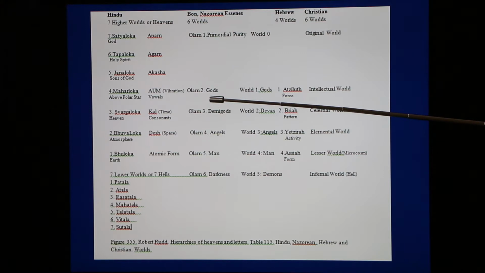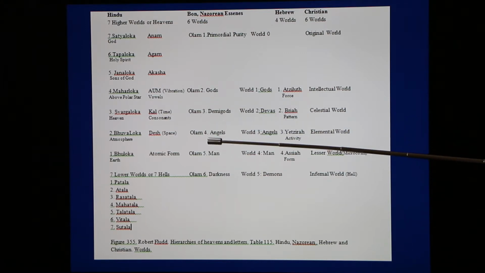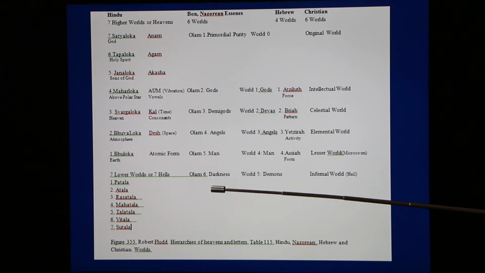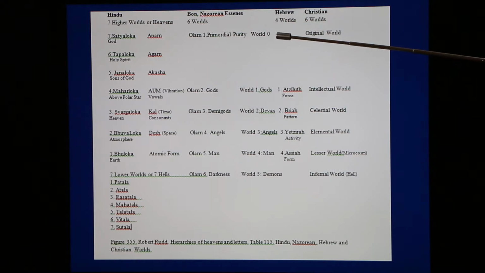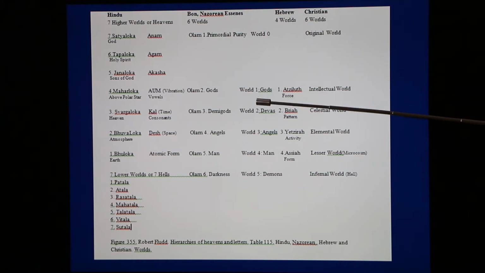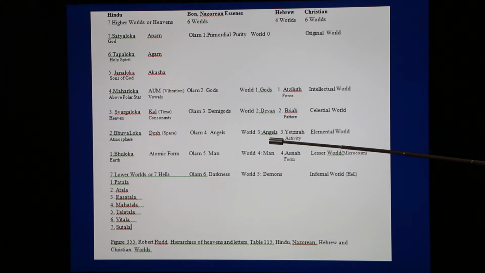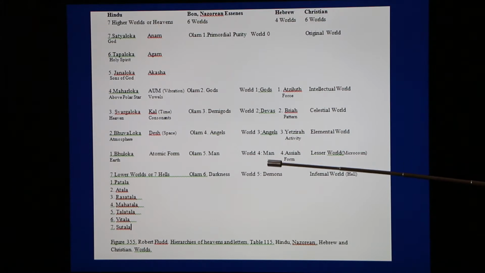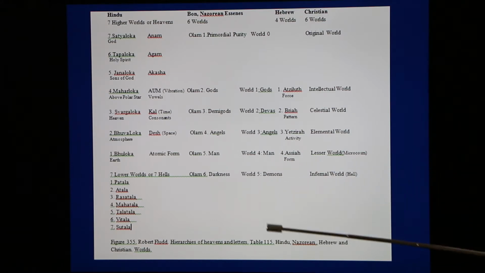This becomes the world of the gods, the demigods, the angels, man, and darkness. In the Hebrew world, this is world 0. This is world 1 of the gods, of the devas, of the angels, of man, and of the demons.